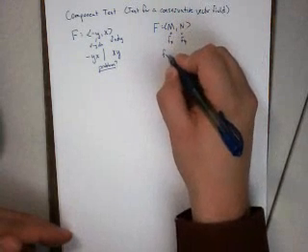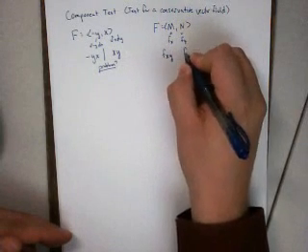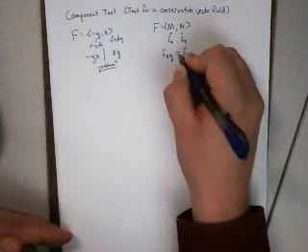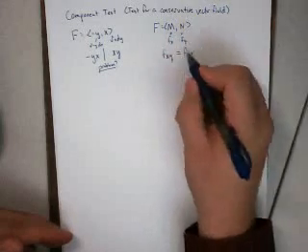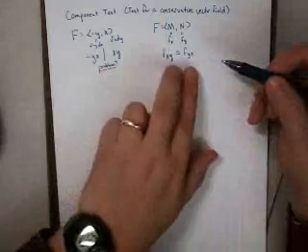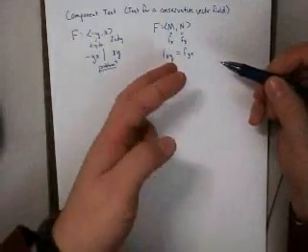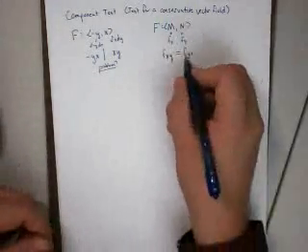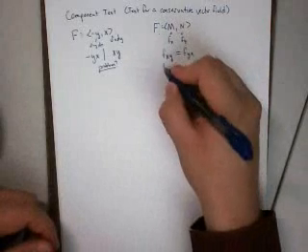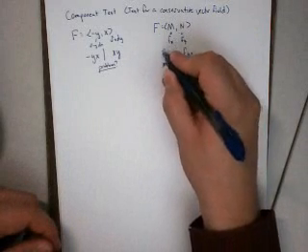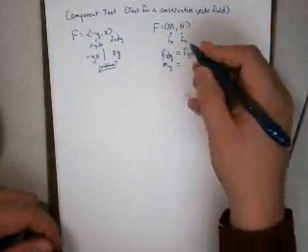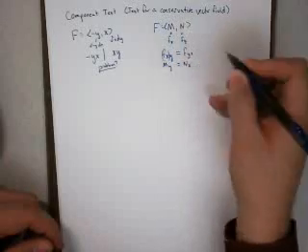Recall that f_xy and f_yx should be equal if there is such a function. Remember that with second partials, you can take the derivative in either order and you'll get the same answer. So these ought to be equal, which is the same thing as writing M_y, because f_x should be M, and that ought to equal N_x.